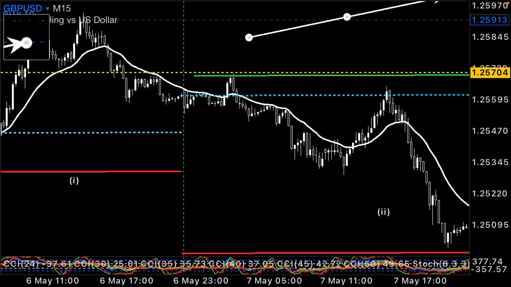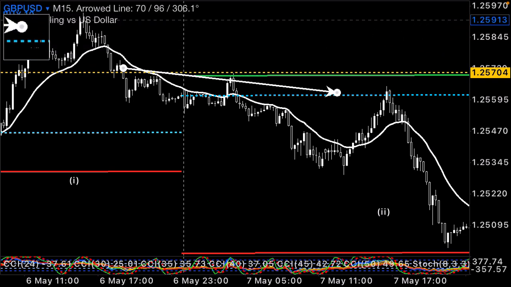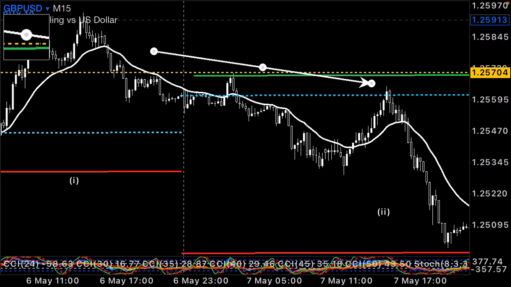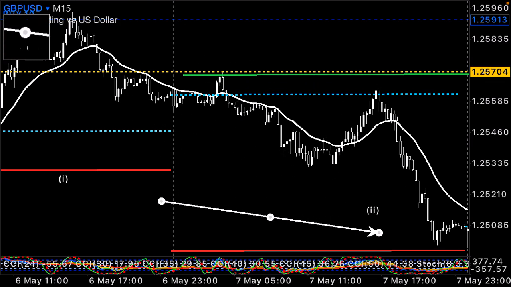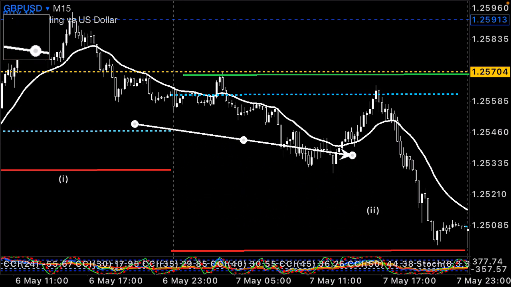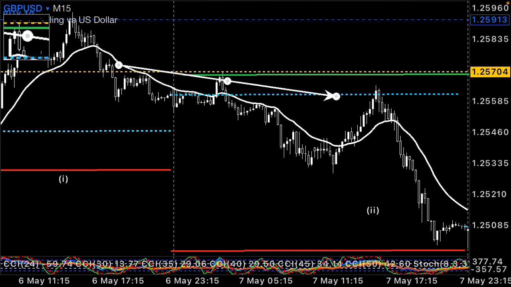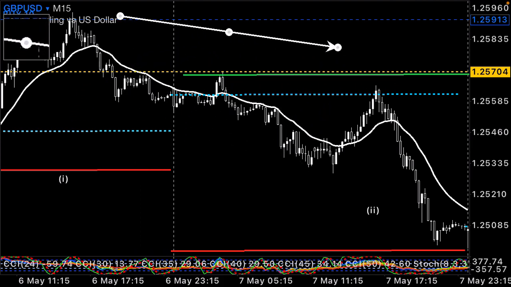So these are the old ancient trading methods here, where everything is based around the day high, the day low, and the closing price. The day high is the green line here, the day low is the red line, and the day closing price is the dotted light blue line.